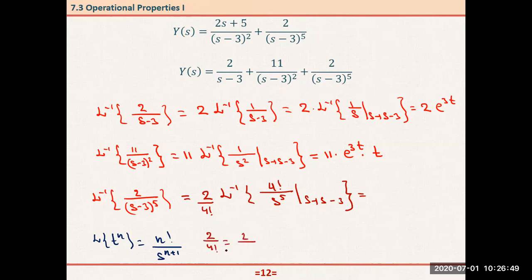It is 2 over 4 times 3, 12. 12 times 3 is 24. That's equal to 1 over 12. So here we have 1 over 12 times e to the power 3t because of this, right? And here we have the f of s, that is, what is it? t to the power 4.